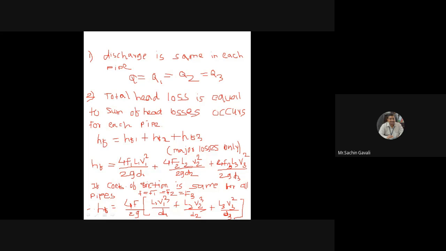So for series pipeline connection, what is the equation? Discharge remains the same for each and every pipe, and head loss is going to be different for different pipes, and total head loss is equal to the sum of head losses occurring in each pipe. Everybody understood? Please write down this.